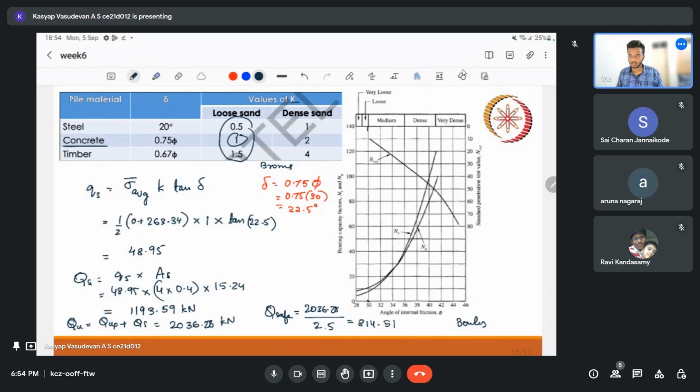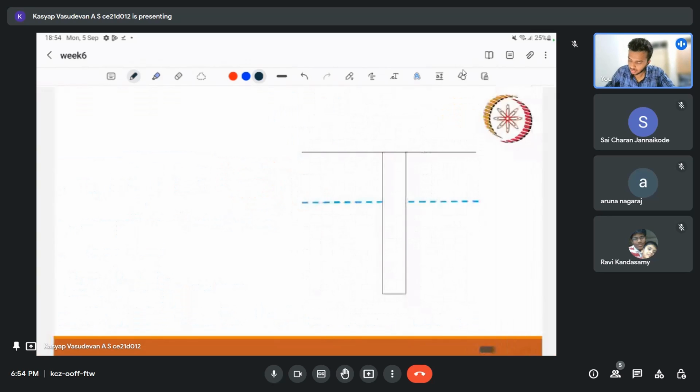Okay. So there is one more issue here. The small thing. This is when we are trying to attain exact capacity, because the weight of the pile is also contributing to the load. So if in our load calculation we are not calculating that, we need to write Q ultimate as QUP plus QS minus W, right? W is nothing but the weight.